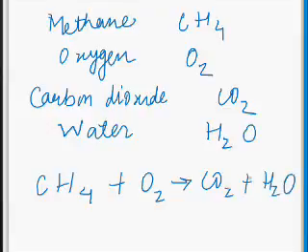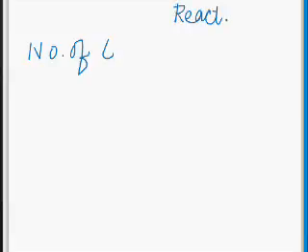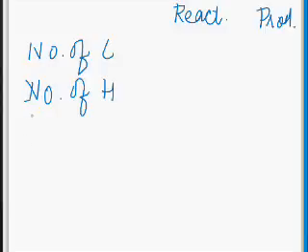Now we have to balance this chemical equation. First of all, we will count the number of various atoms in reactants and products. So the number of carbon atoms in reactants and in products, number of hydrogen atoms and number of oxygen atoms.